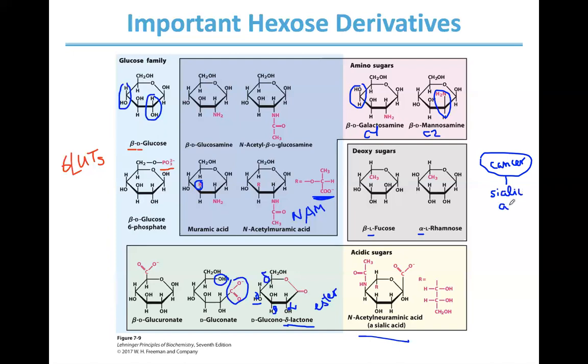Sialic acid, and it has this square shape, right? But then you have an antibody comes in that binds sialic acid.